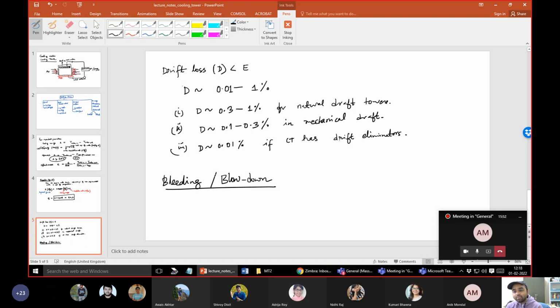Now, what is this blow down or this bleeding? I mean, can anyone make a random guess? What do you think blow down or bleeding means? This is an operation that we do on the cooling tower, and the question is what essentially this means.